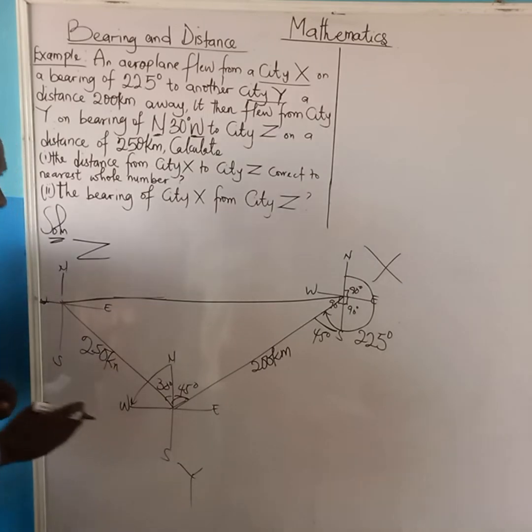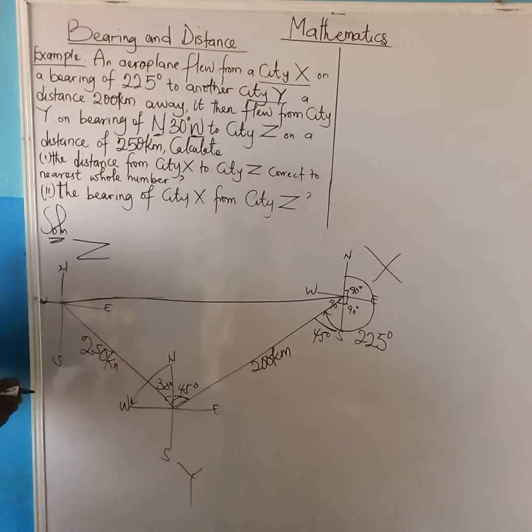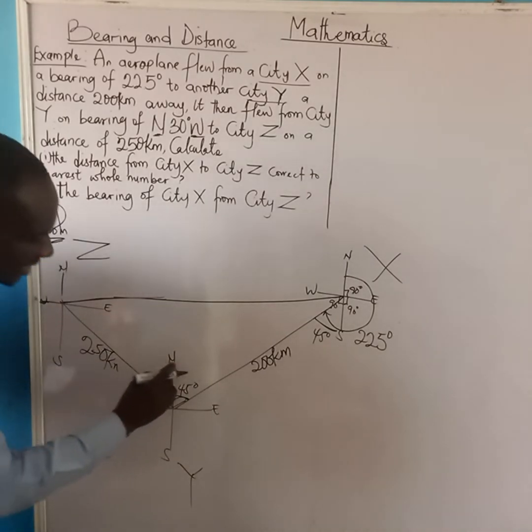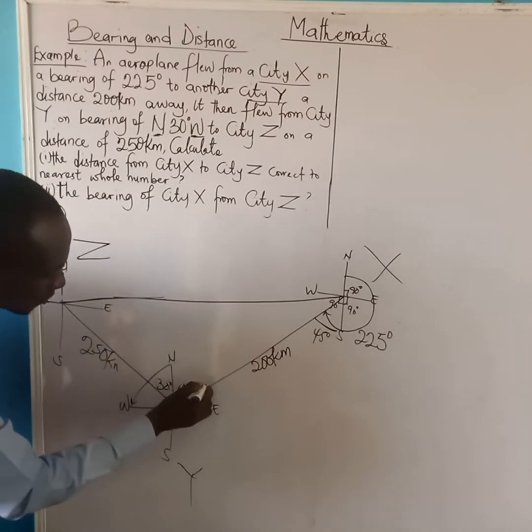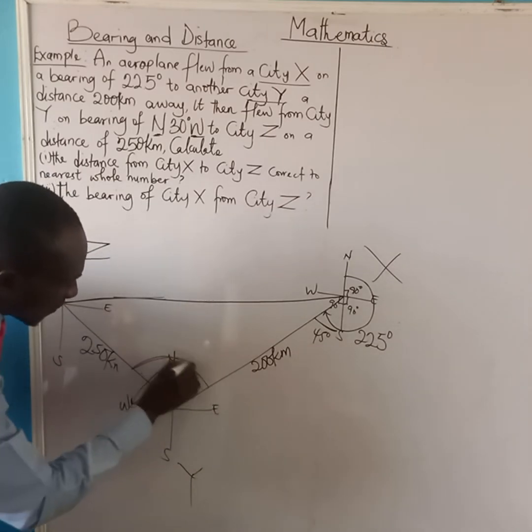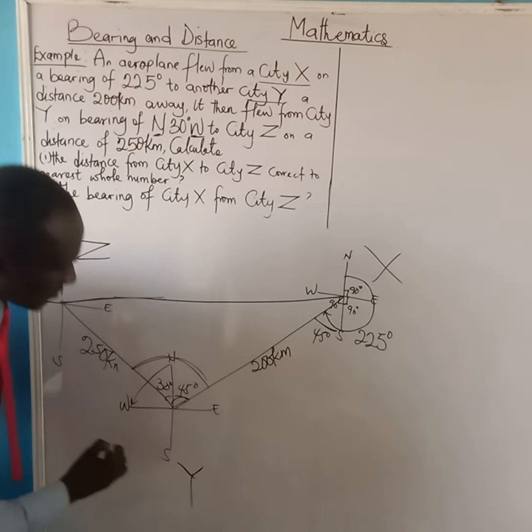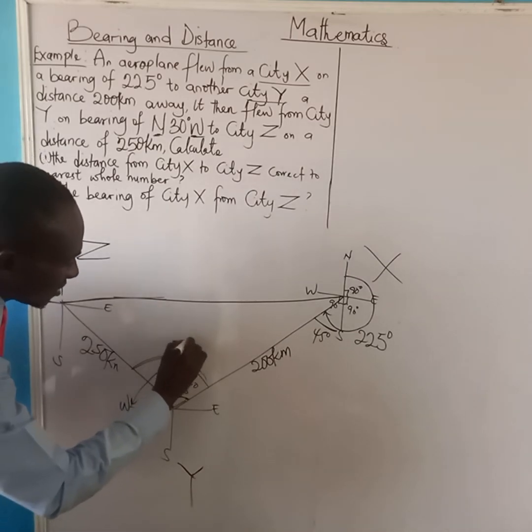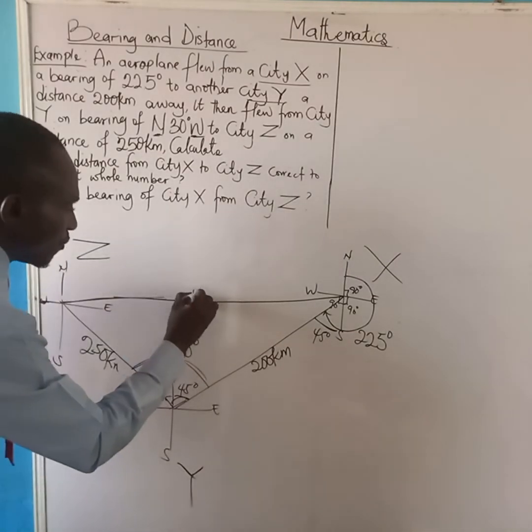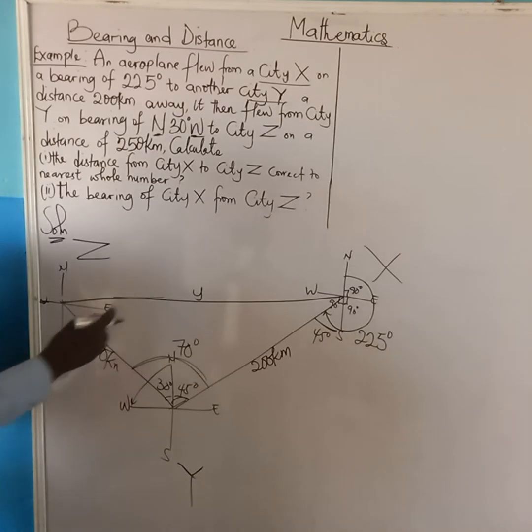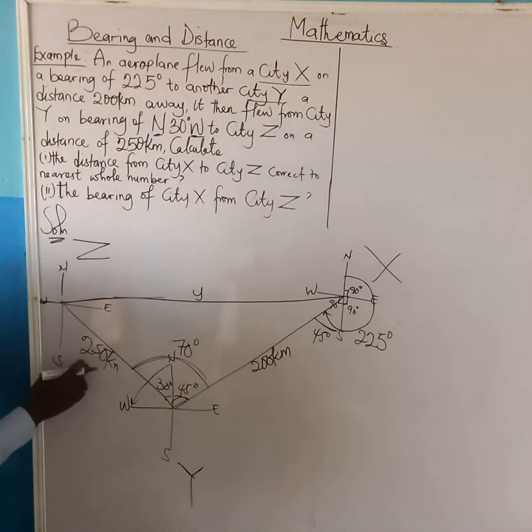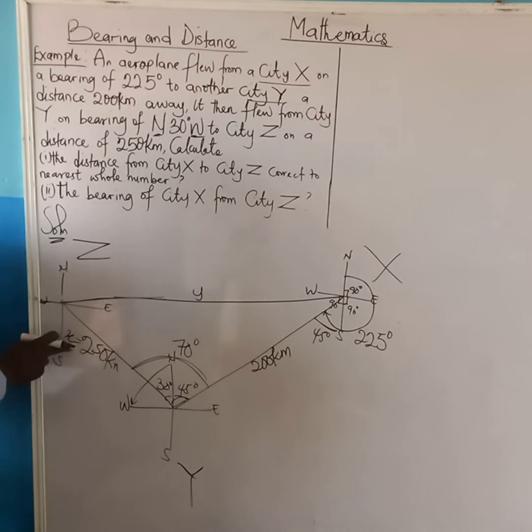Now, from the triangle, the side that faces this angle here, representing angle Y, which is the sum of 75 degrees, this place will be small y. That is the size of the angle Y. This place will be our x, the value of x, the distance between city Z and city Y, which is already given as 250 kilometers.